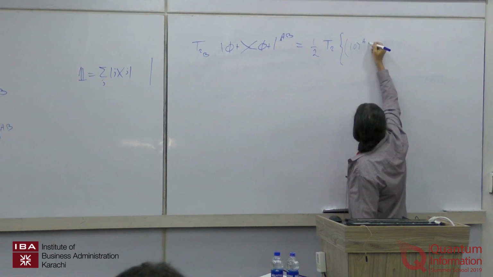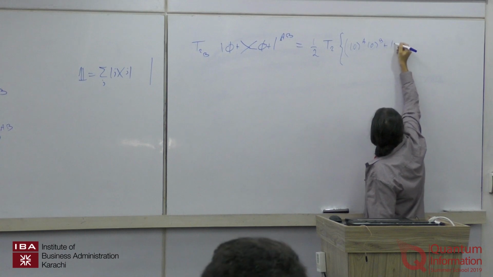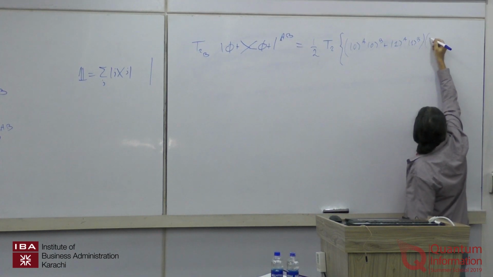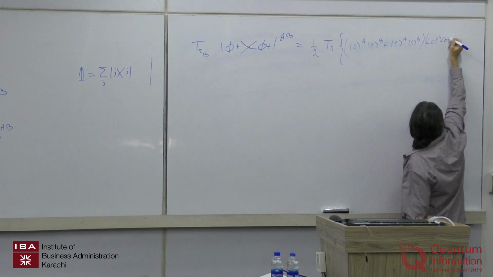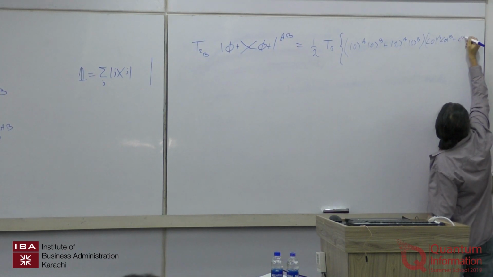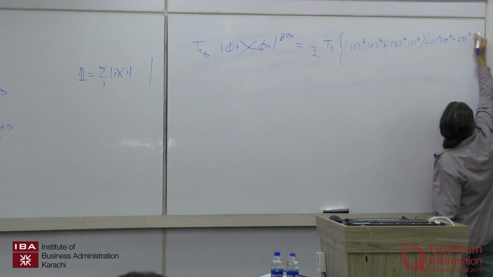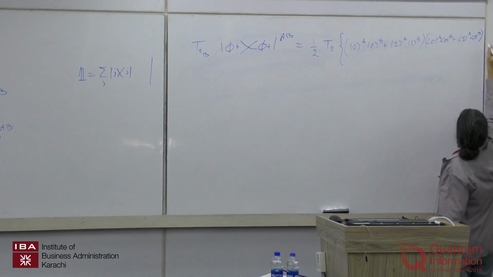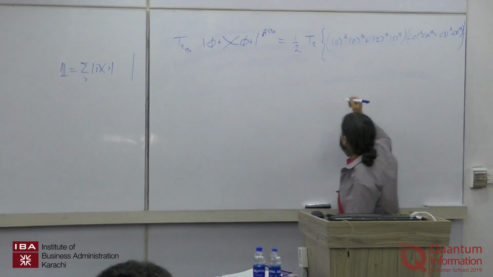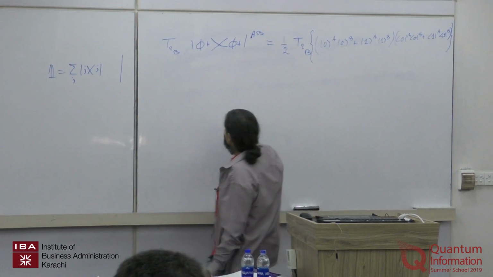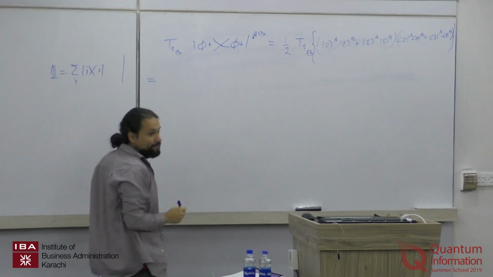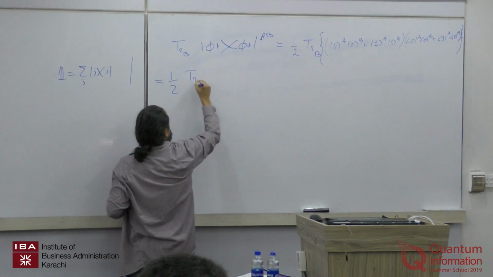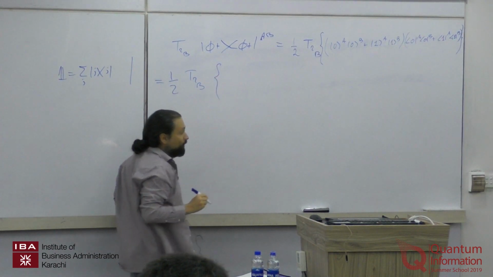So (|0_A 0_B> + |1_A 1_B>) times (<0_A 0_B| + <1_A 1_B|). Okay, and we want to take the trace over B. Okay, so next step. So we still have 1 over 2 trace over B of what?